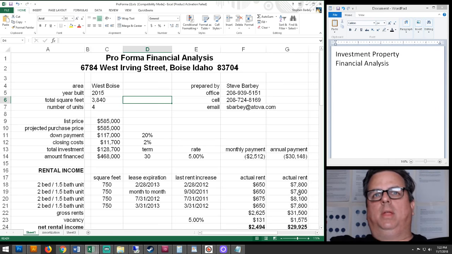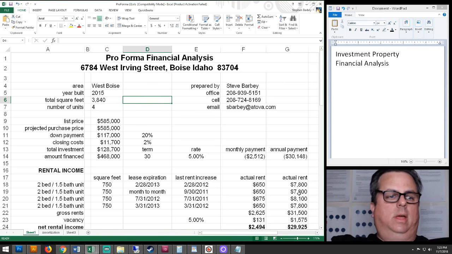Because we do know that in the Boise market right now, I think about a 6.5 cap, maybe a 6 cap. From an investment standpoint, if you're a buyer trying to buy an investment property, and you're comparing them against each other, the properties with the higher cap rate are going to be the better buys.